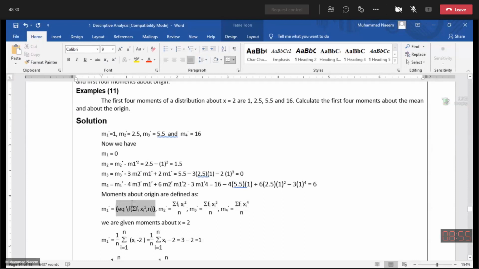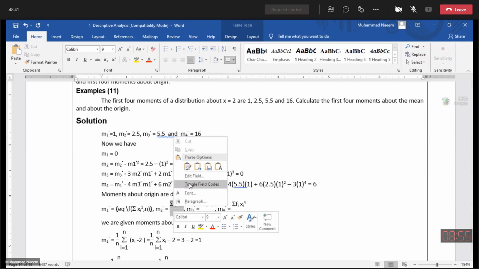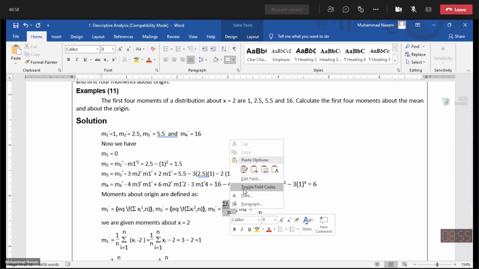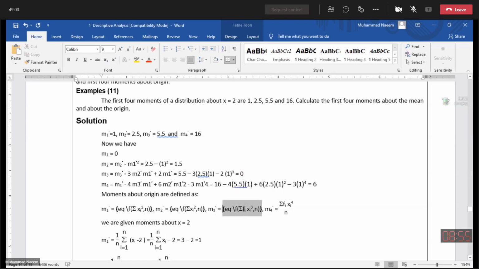In this, we don't use frequency. We are not given a frequency here. Just we need to calculate sigma xi over n, sigma xi power 2 over n, sigma xi power 3 over n.